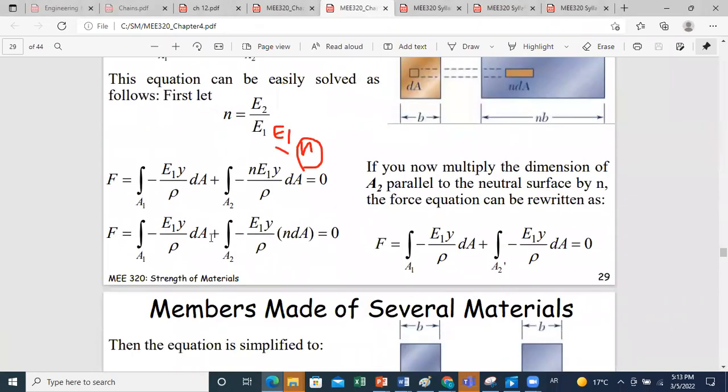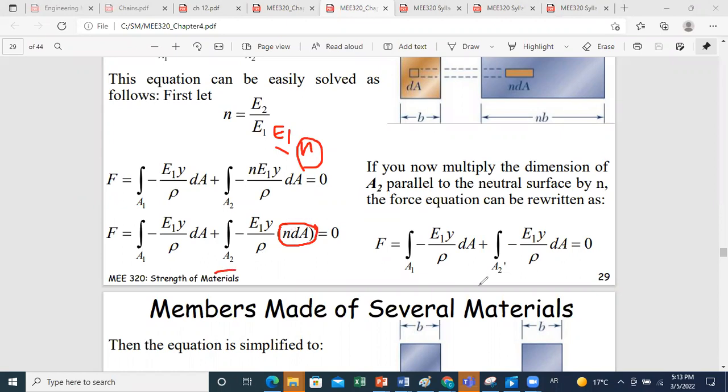And then we get the following result: the total force F is equal to the integral of minus E1 y over rho dA plus the integral of minus E1 y over rho n dA. If you want, we can consider this a modified area, called, let's say, A prime 2 instead of A2.